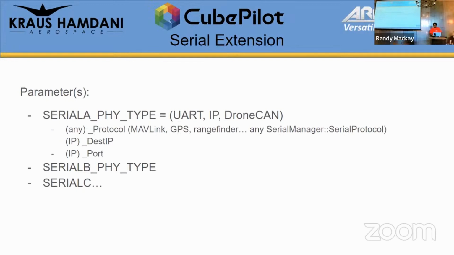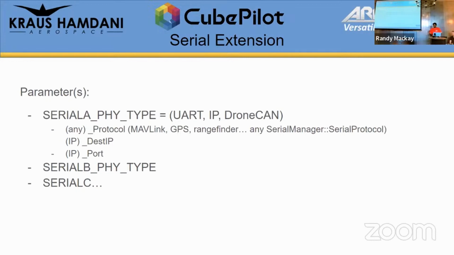In this example we are going to have something from A to F for now, and maybe even more in the future, where you can select what physical type you want to send that serial over, and it will just load the parameters that are relevant for that physical type. So if it is IP, it will ask what's the destination IP, what's the port, and you set that, and it will just stream your UDP packets to that particular location. So that's the architecture that we are going for.